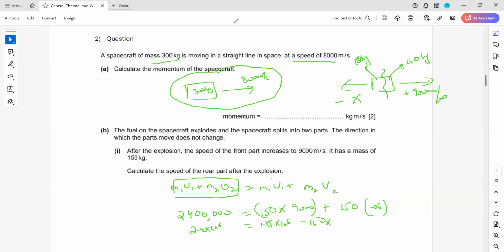We'll solve here. The 2.4 will move this side and the 150 the opposite side. So this is negative 150x, and the other side will be plus 150x. This is 1.35 × 10^6 minus 2.4 × 10^6. Or you can move it to the other side. You will get a negative answer, which shows it is moving in the opposite direction.